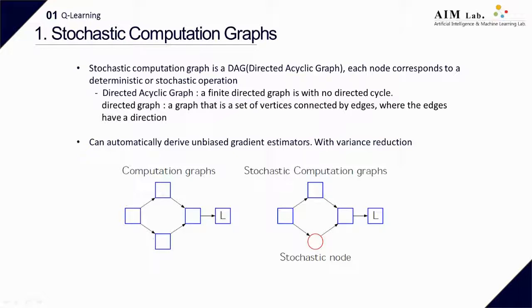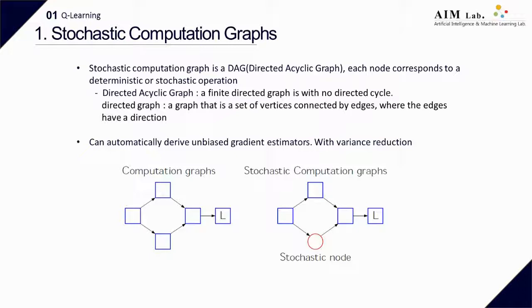Stochastic computation graphs are a way of describing the computation of gradient estimation. In an SCG, each node corresponds to a deterministic or stochastic operation.